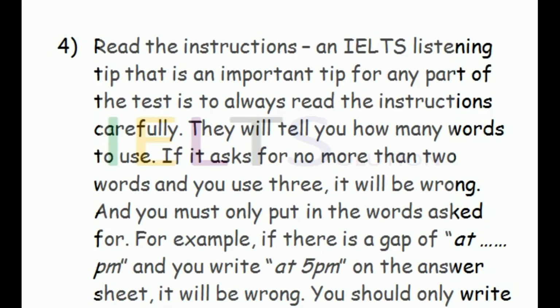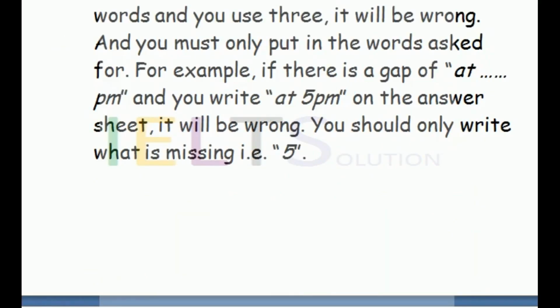And you must only put in the words asked for. For example, if there is a gap of at ___ pm and you write at 5 pm on the answer sheet, it will be wrong. You should only write what is missing.